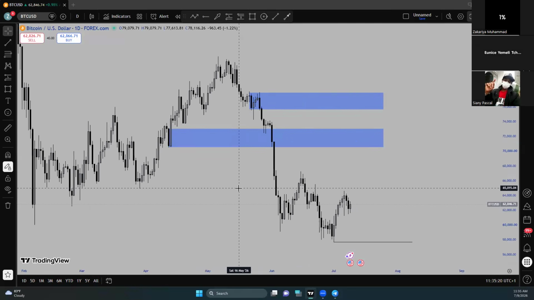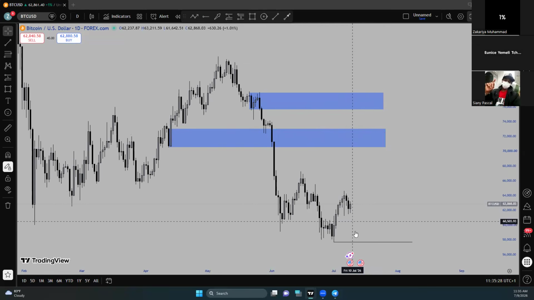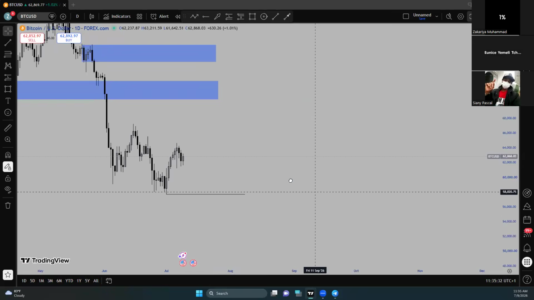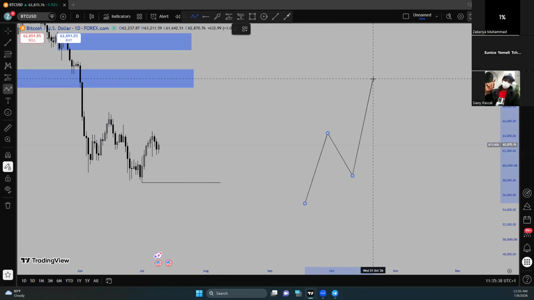Yes, I understand. Okay, see, based on what we use, 4 hour as our bias, if the market falls into any of these zones, we look for structural shift, and that structural shift should be from the higher time frame, which is the 4 hour time frame. Because lower time frame structure can be a trap. Because if this is a higher time frame structure like this, the market gives you higher highs and then higher lows.